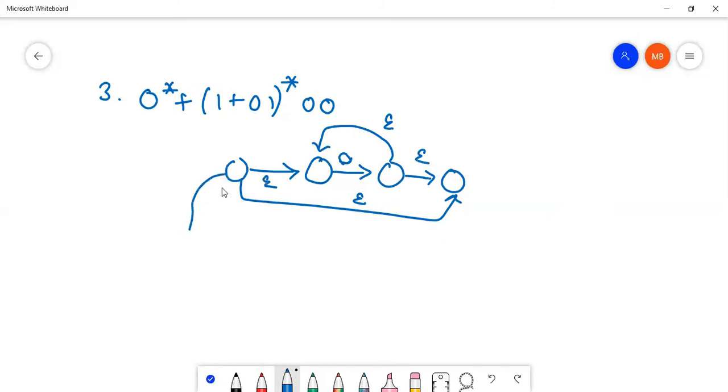This is plus. So I just take this state. See, there is 1 plus 01 whole star. So again we need to shift it here, meaning to say split.